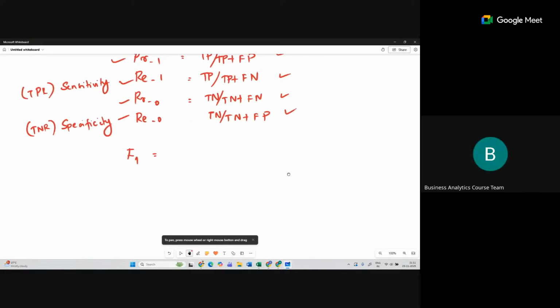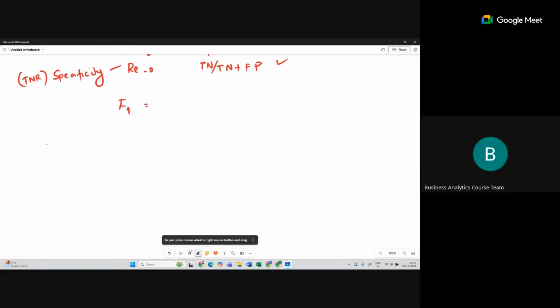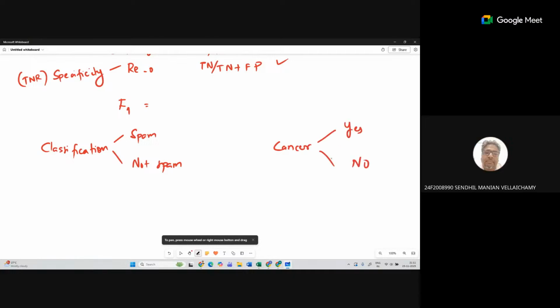So I'm giving you a problem. Let's say classification of email as spam or not spam. Similarly, cancer prediction, yes or no. So for this problem, which metric is very important, precision or recall?